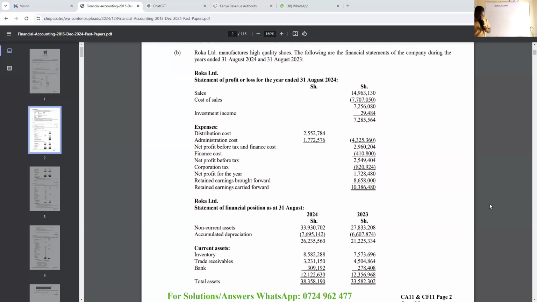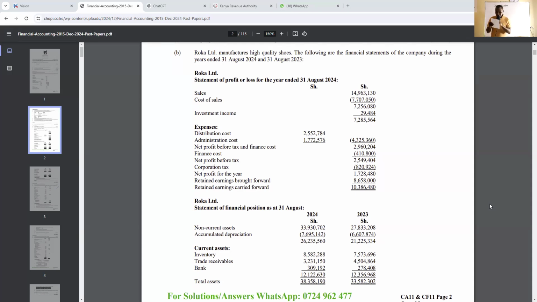So this is the question. The question reads that Roda Limited manufactures high quality shoes. The following are the financial statements for the company during the year ended 31st August 2024 and 31st August 2023, which reminds us that for every cash flow statement, you must be given the two comparative years.